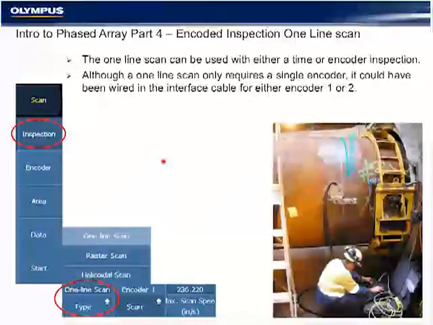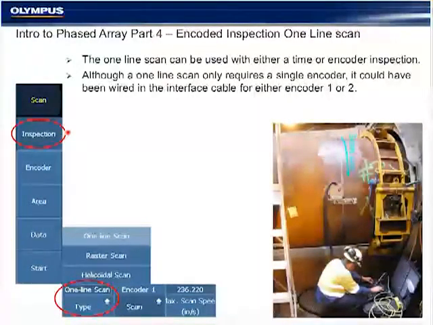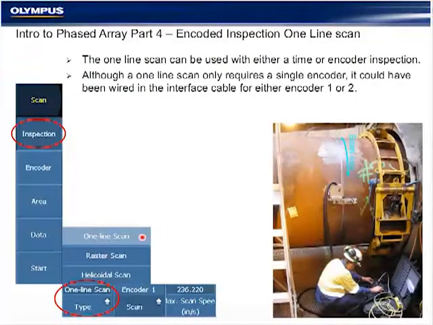When we select the scan menu and the inspection submenu, we see the three types of encoded scans that are available in the MX2 OmniScan. Selecting a one-line scan limits the encoder to one encoder, and either encoder 1 or encoder 2 can be configured.